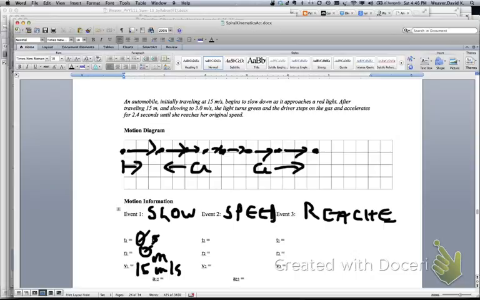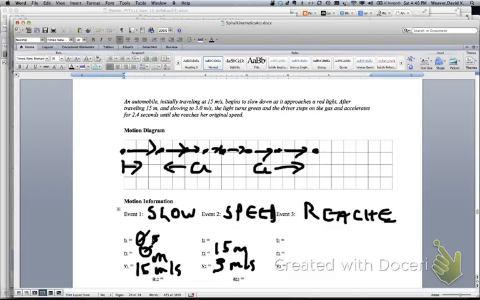We also don't know how far she travels during that period, but we do know that she slows to 3 meters per second. And we do know how far she travels. I apologize, that's 15 meters. But we don't know how long that takes, and we don't know the acceleration during that interval of time 1 to time 2.